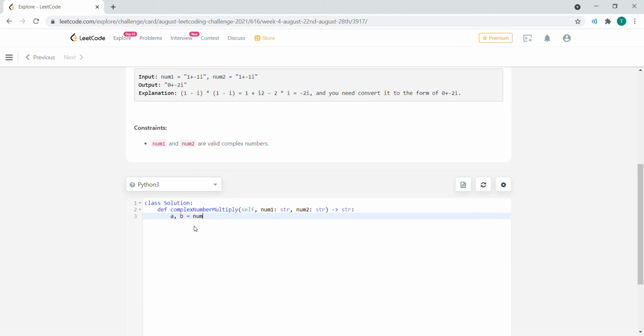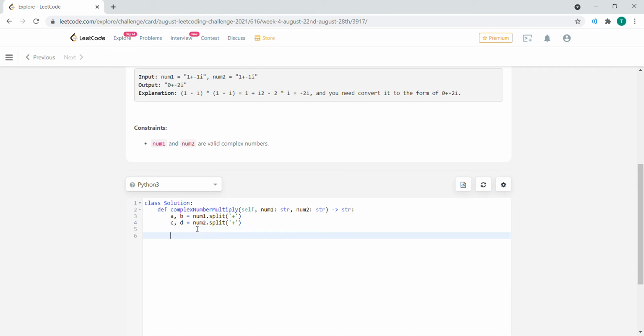When you take num1, you want to split it via dot split with the plus sign. Likewise, do the same thing for C, D: take num2 and split it by the plus sign.